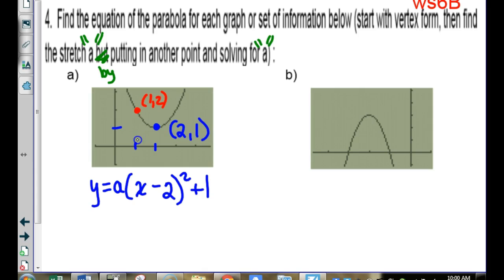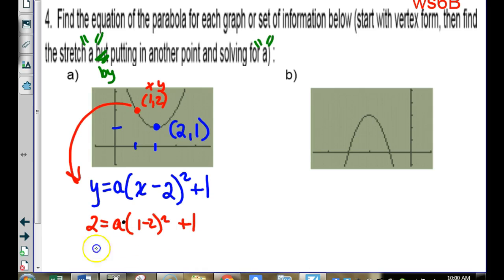clearly marked ordered pairs. So now we're going to put x is 1 and y is 2 into this equation here. So it'll say 2 equals a times 1 minus 2 squared plus 1. Okay. Now, students get a little crazy at this point and try to simplify all this. But this is multiplied together, right?